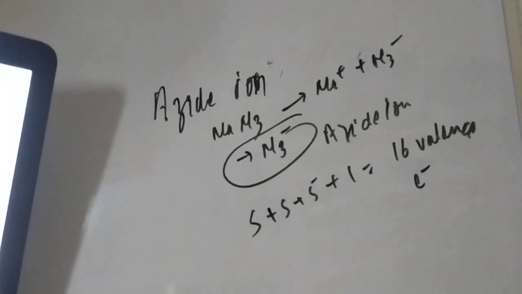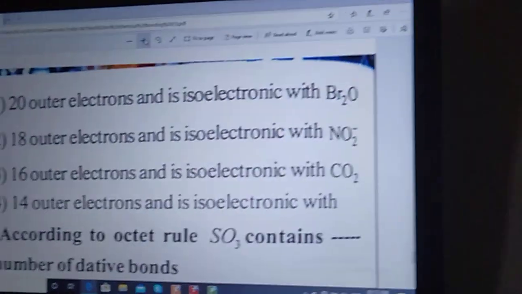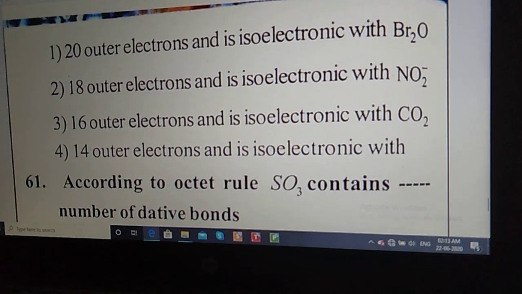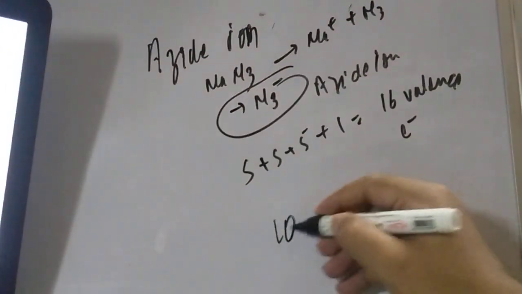Now let us move to the options and check. They are saying option number 3, 16 outer electron, isoelectronic with CO2. Come back to the board, student, and check with CO2.